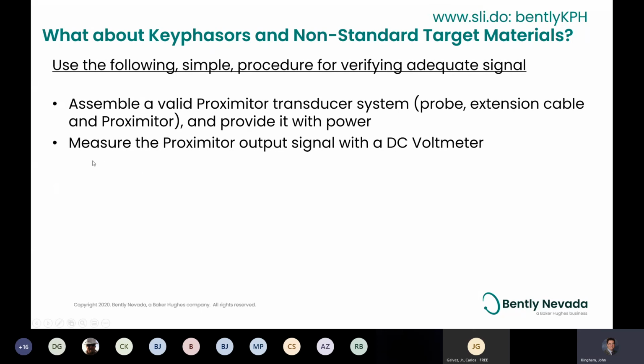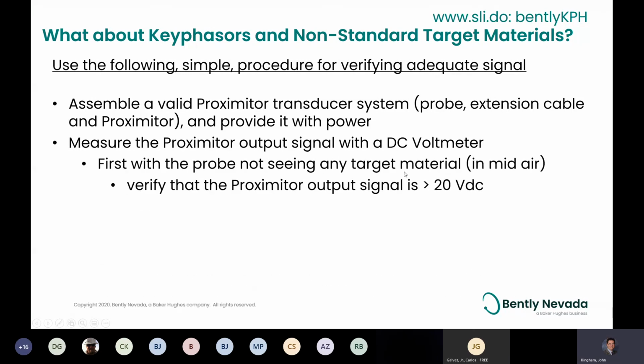Okay. We're going to measure that proximeter output signal using a DC voltmeter. And the first thing you're going to do is hold that probe up in the air with it not able to see any target material. And you're going to verify that the proximeter output signal is greater than 20 volts DC. Now, again, if you don't have a proper valid proximeter system, you might not get that. Okay, but as long as it's valid, you should get that.